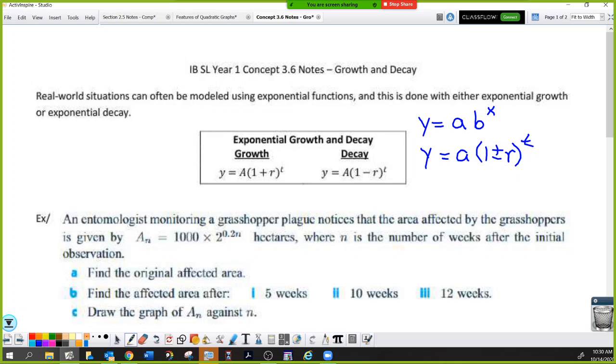That means every exponential function that we've done so far could have been represented as 1 plus a number or 1 minus a number, giving us our growth rate or decay rate.